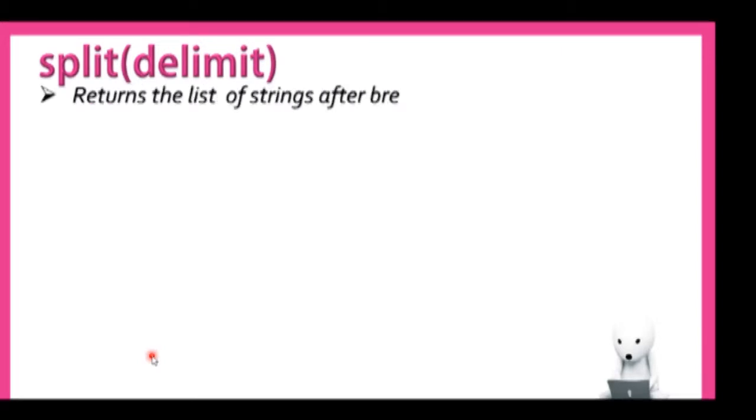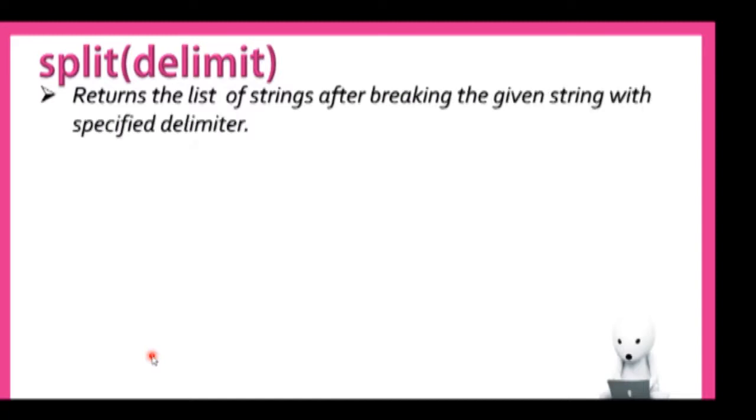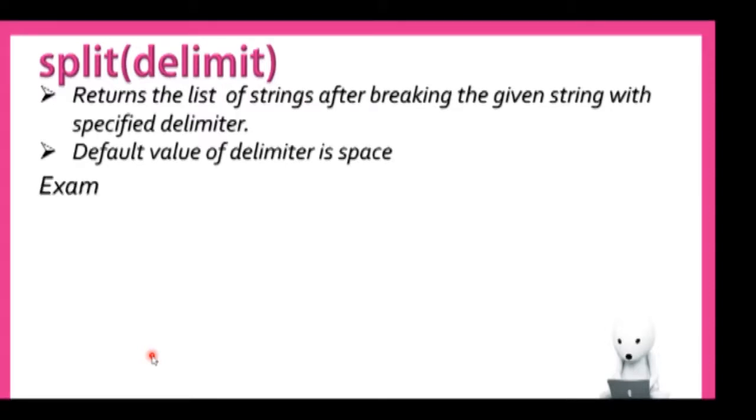Next method is split delimit. It returns the list of strings after breaking the given string with specified delimiter. Let's see its example. Default value of delimiter is space. If we omit delimiter, it will accept space as delimiter.